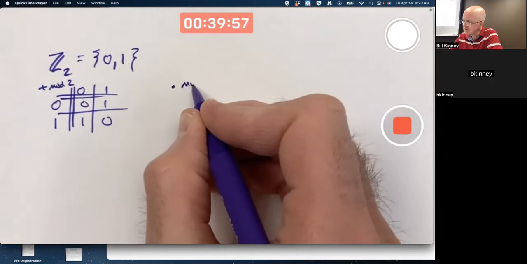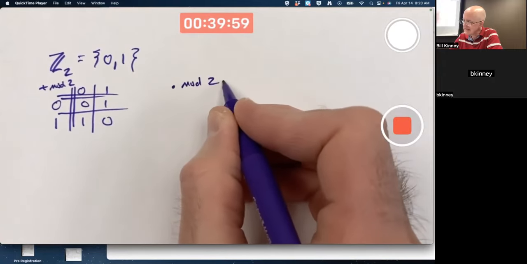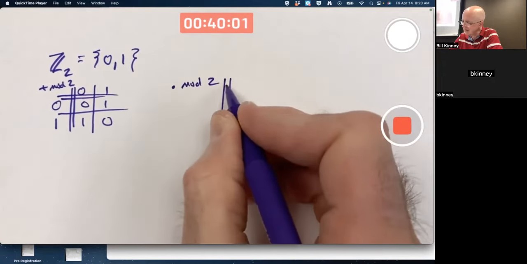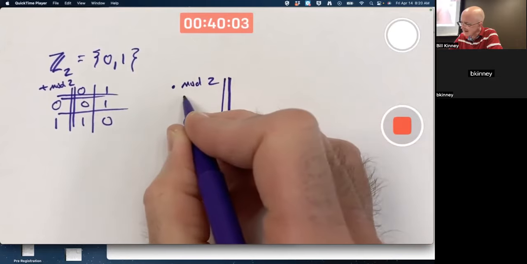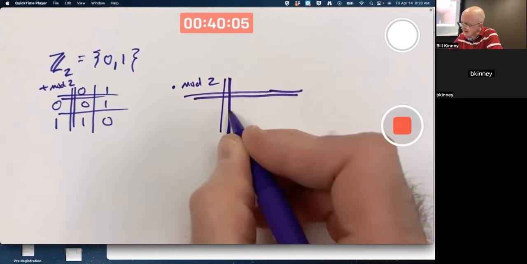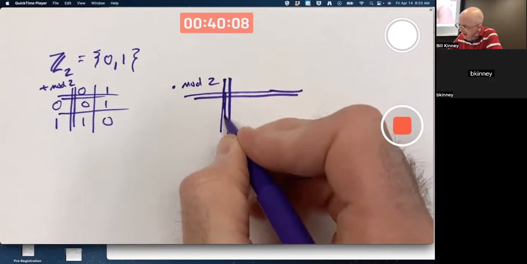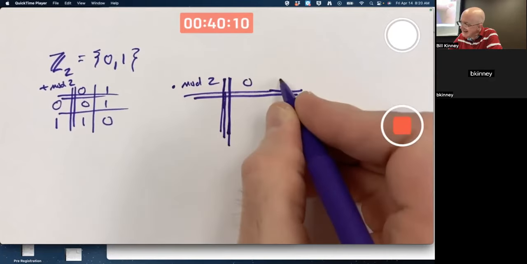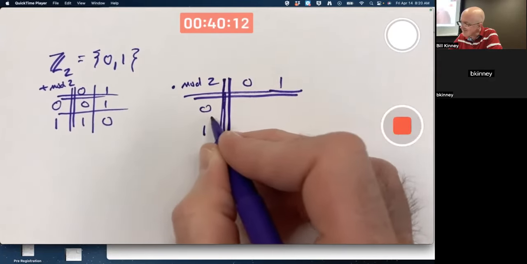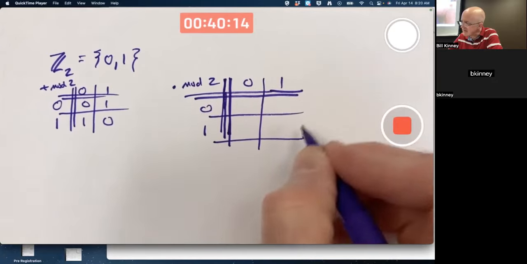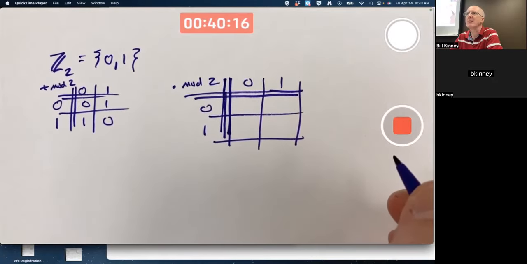Multiplication mod 2. Should I call it a Cayley table? Maybe I shouldn't call it a Cayley table because 0 is still going to be problematic.